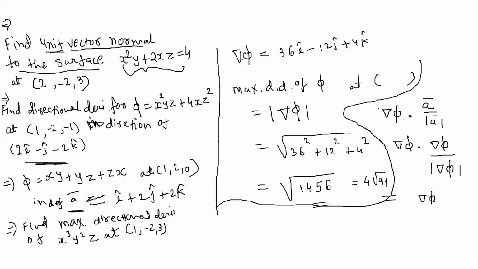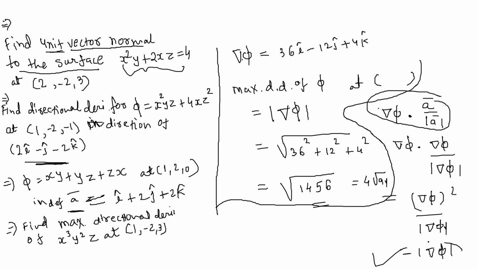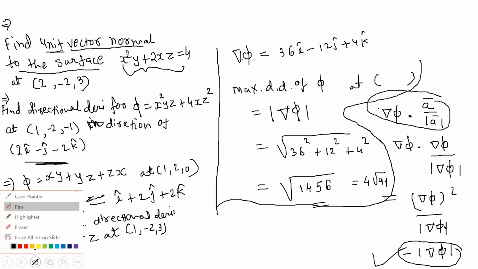So this becomes nabla phi square upon mod nabla phi, and hence that's equal to mod nabla phi. So this is your formula to get maximum directional derivative. The directional derivative formula is this. Maximum directional derivative formula is this. Okay.